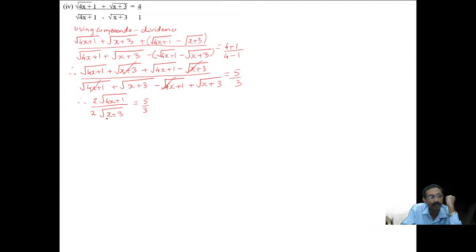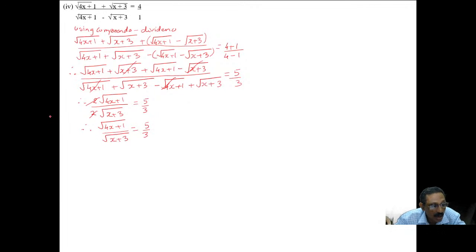Now 2 ones are 2, 2 ones are 2. What we get is therefore root of 4x plus 1 upon root of x plus 3, which is equal to 5 upon 3.